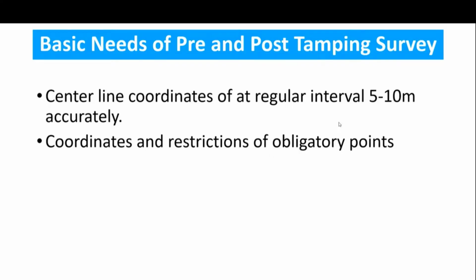Like bridges, turnouts, level crossings, and OHE mast, signal post, signal boxes. They may create restrictions in the slew or in determining the alignment. So these have to be picked up.